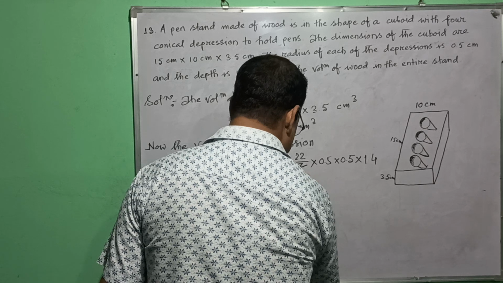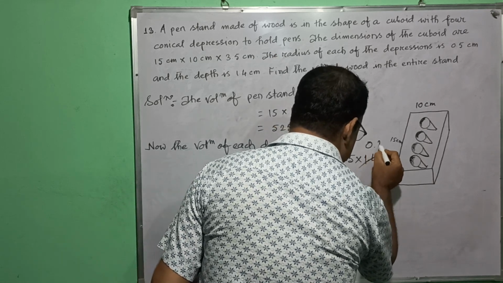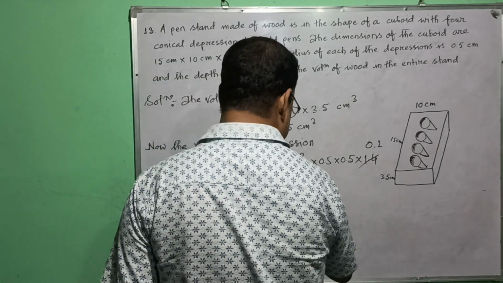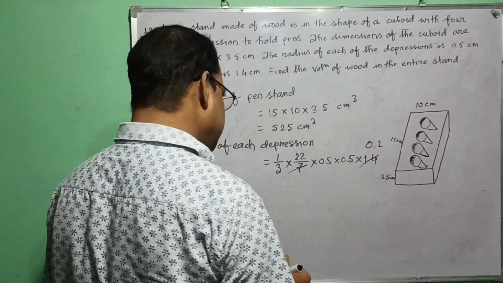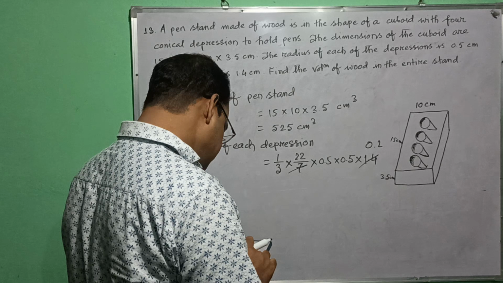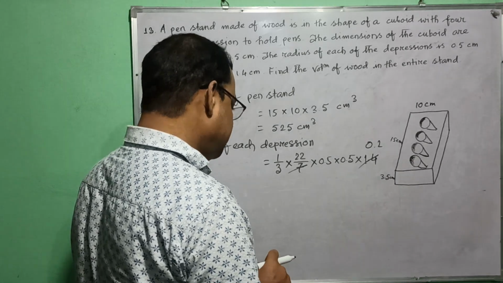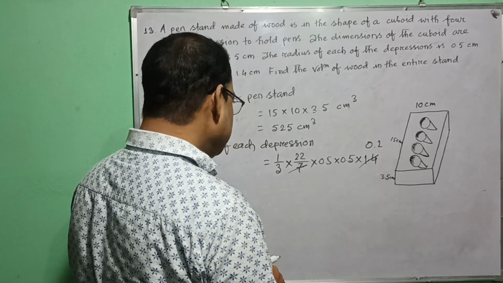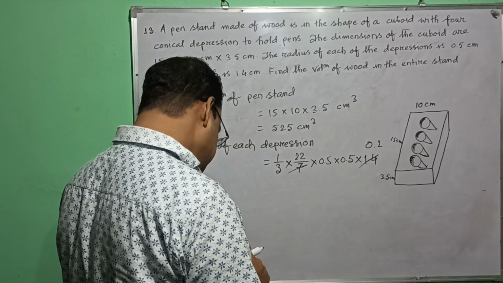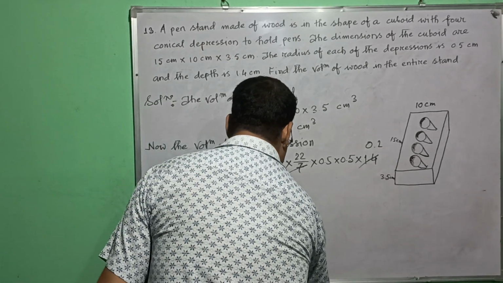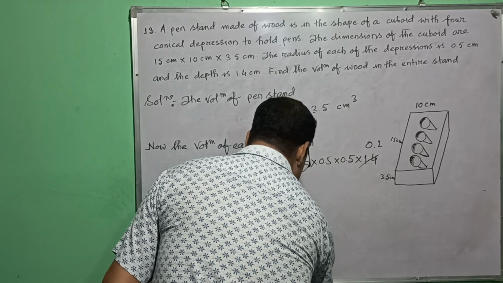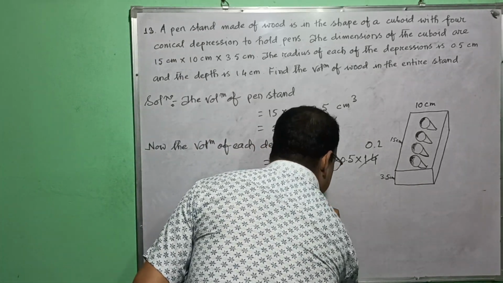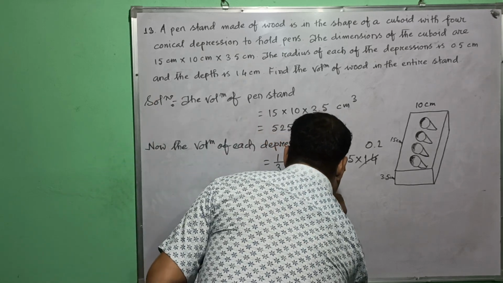Oh, we can cut 7 and that one. Yes, so it will be more easy. So better we cut it. Now 7 is already cut, so we just multiply 0.5 into 0.5 into 0.2 into 22. It is 1.1. So equal to 1.1 by 3 centimeter cube. It is given in centimeter, so centimeter cube.